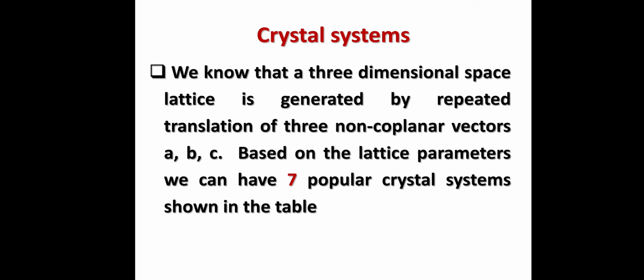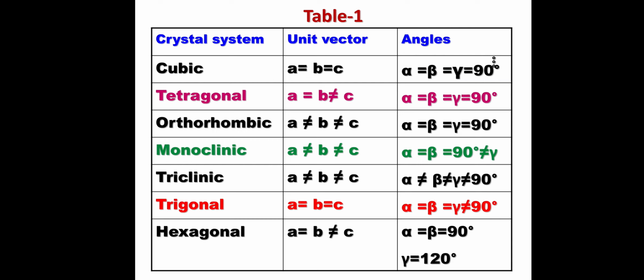It is a very popular question for 5 marks and sometimes it has been asked for 10 marks. For 10 marks you have to give a description. For 5 marks, even if you write this table with mention of some examples is also enough. Okay, I will show you the table and I will discuss these systems in the next class. Just go through the 7 popular crystal systems.